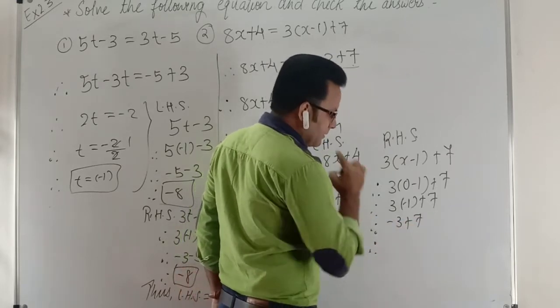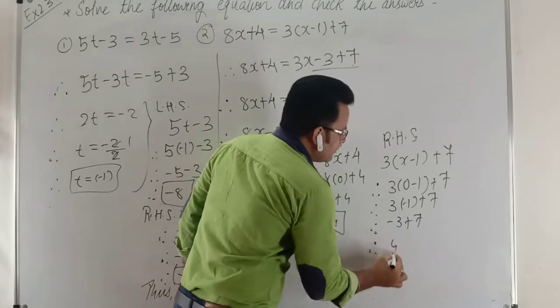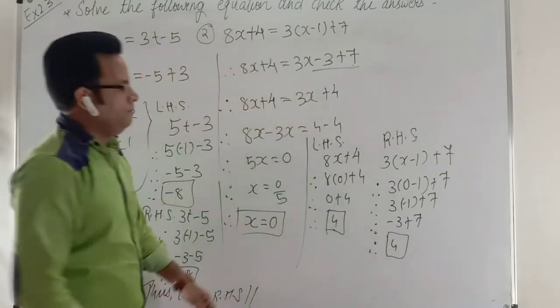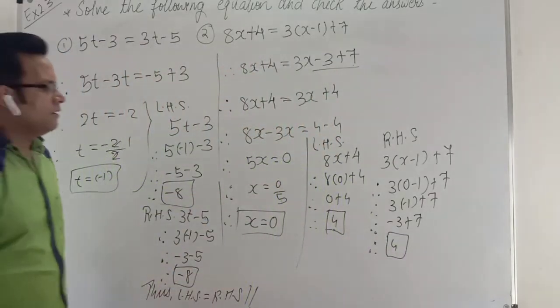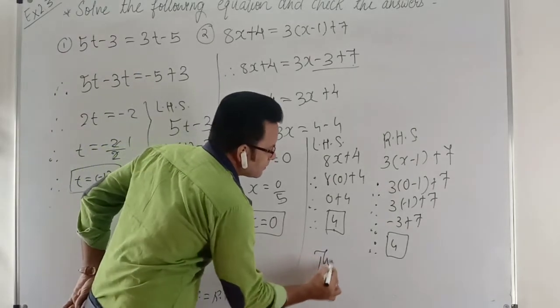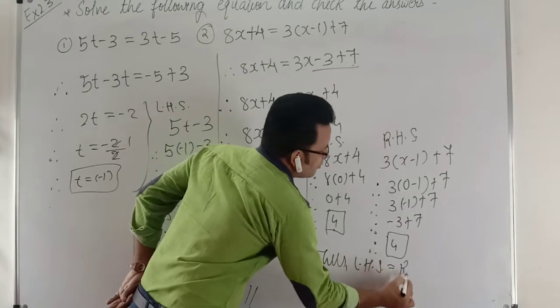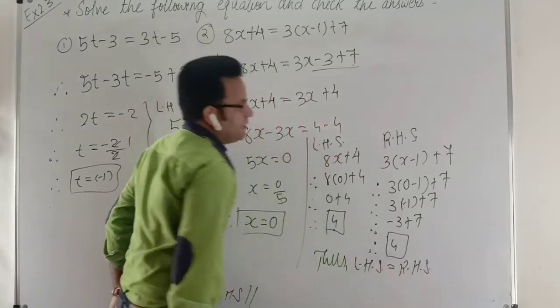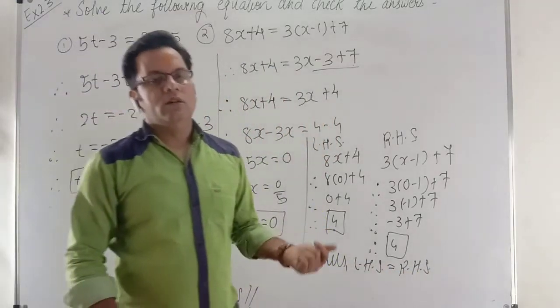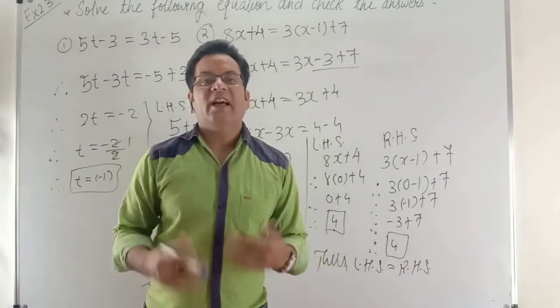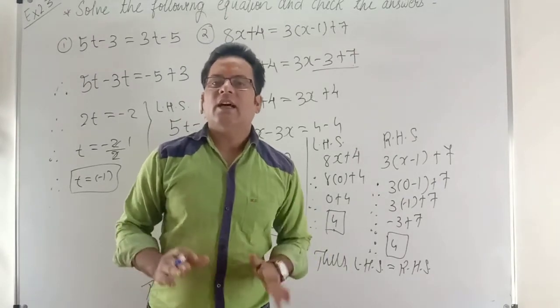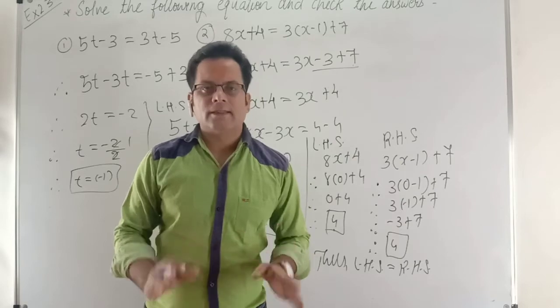Minus plus minus, 7 minus 3 is 4. You can see that both the sides are equal. Thus LHS is equal to RHS. So whenever you are told to find the solution of the equation and check the answer, at that time only you have to go for substitution.